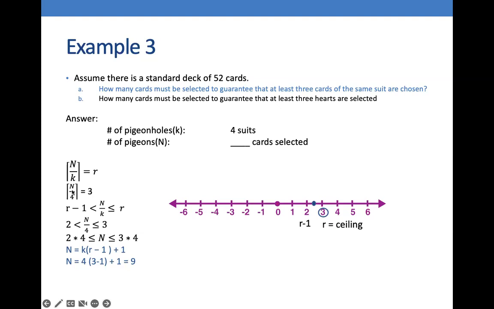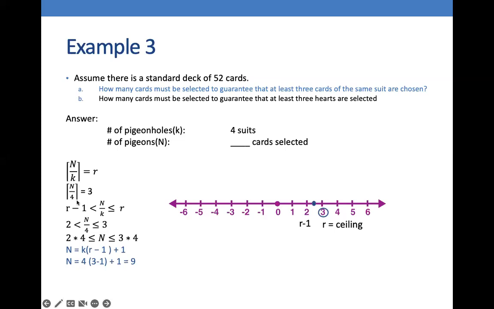So in other words, what would be the n, or how many n cards must be selected in order that at least r equals 3 cards of the same suit, k equals 4, are chosen. Okay, so again, we must satisfy this inequality. We have the n over k, and it must be less than or equal to r and greater than r minus 1.